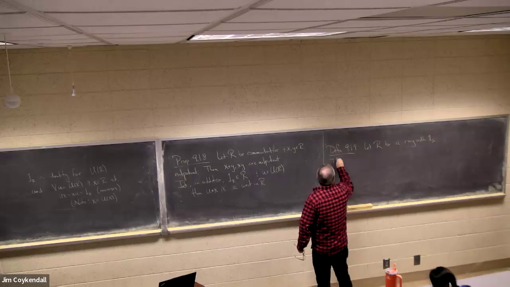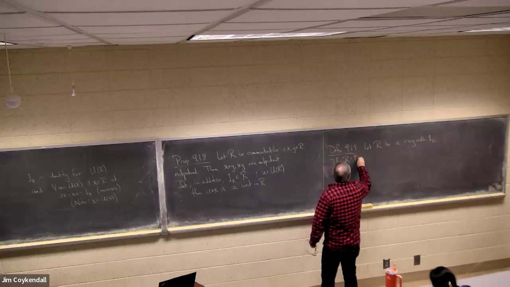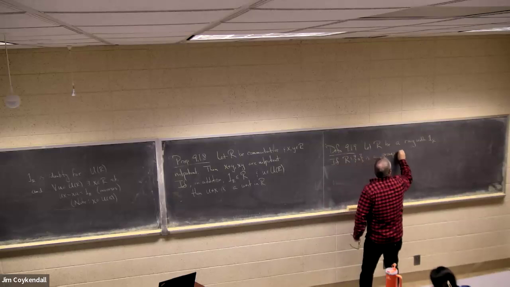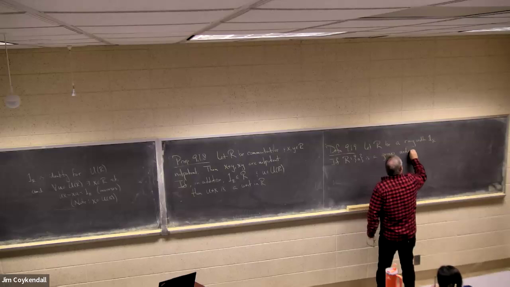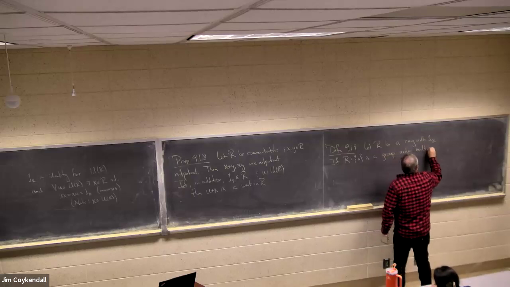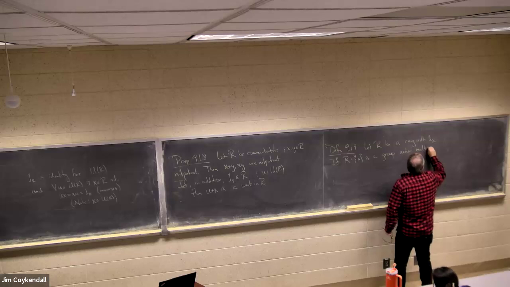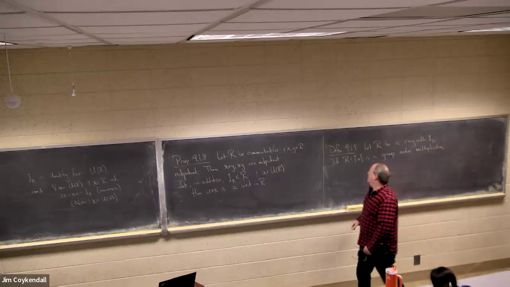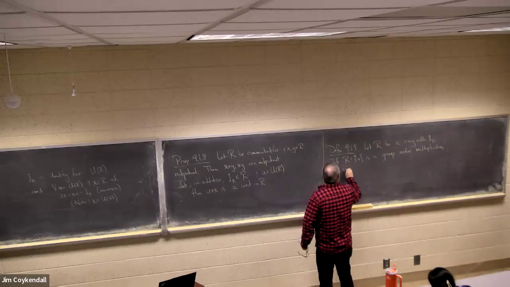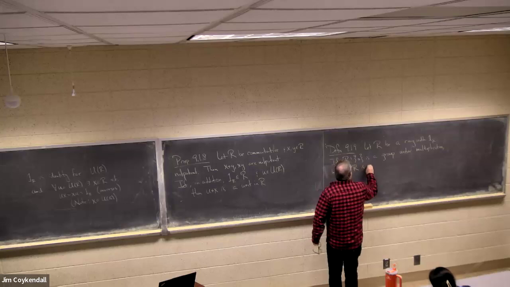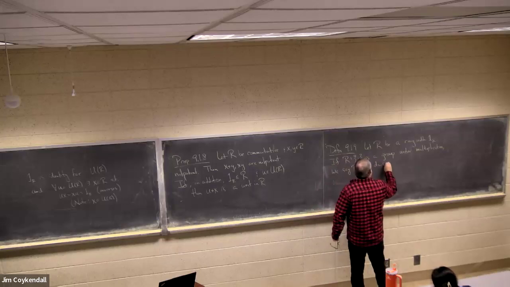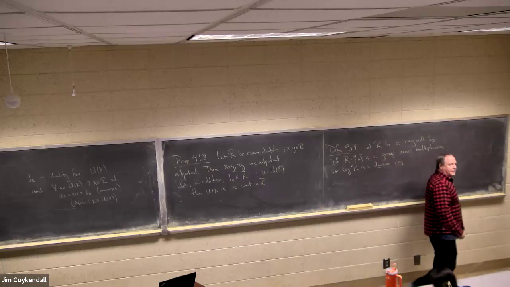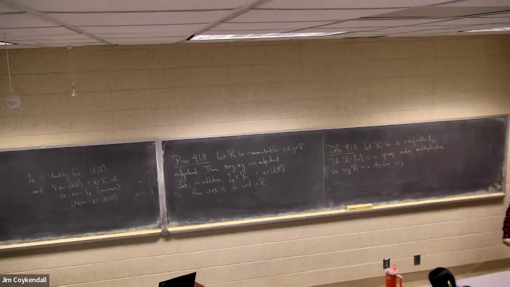If R minus 0 is a group under multiplication, we say R is a division ring.